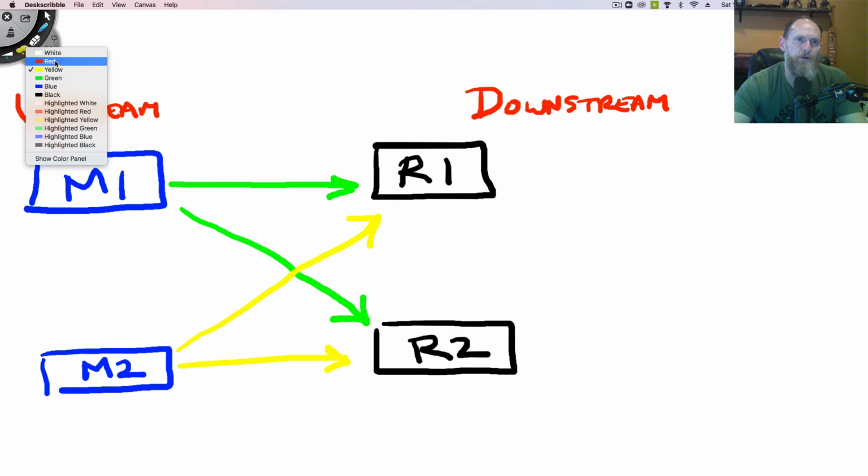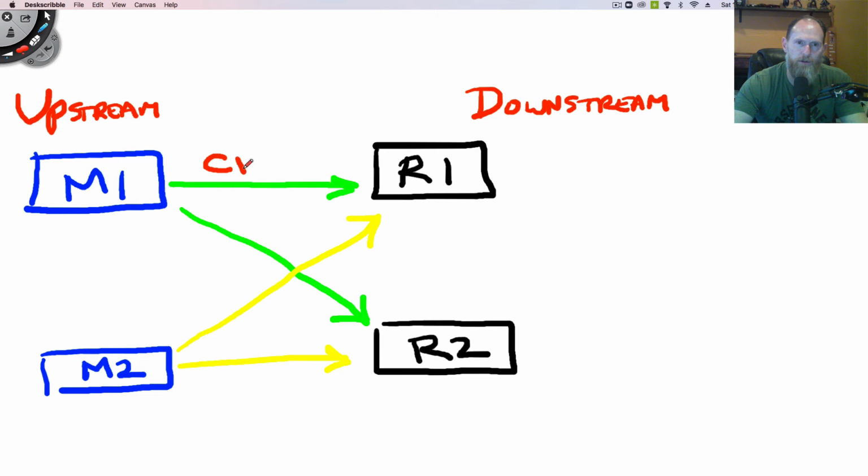We're going to call this the amount of units that goes from manufacturer 1 to retailer 1. Along this route, we're going to call that channel 1. That'll refer to the number of units that move along that route. By the same token, we'll call the number of units that move from manufacturer 1 to retailer 2 channel 2.